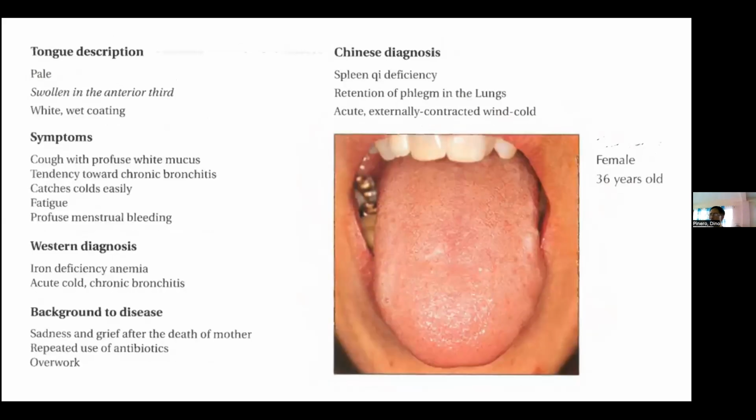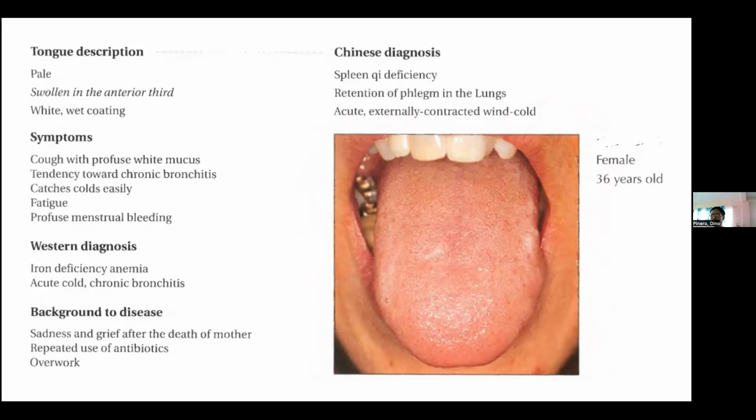Next case is a female, 36 years old. The tongue of the patient is pale, so there's a presence of spleen Qi deficiency. It is also swollen in the anterior third, so there's retention of phlegm in the lungs. And there's a white wet coating, so there's acute externally contracted wind cold. Patient symptoms are cough with profuse white mucus.